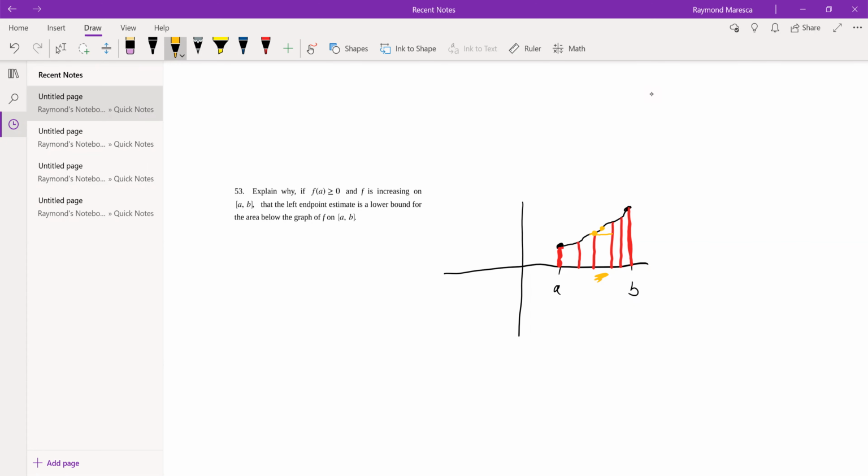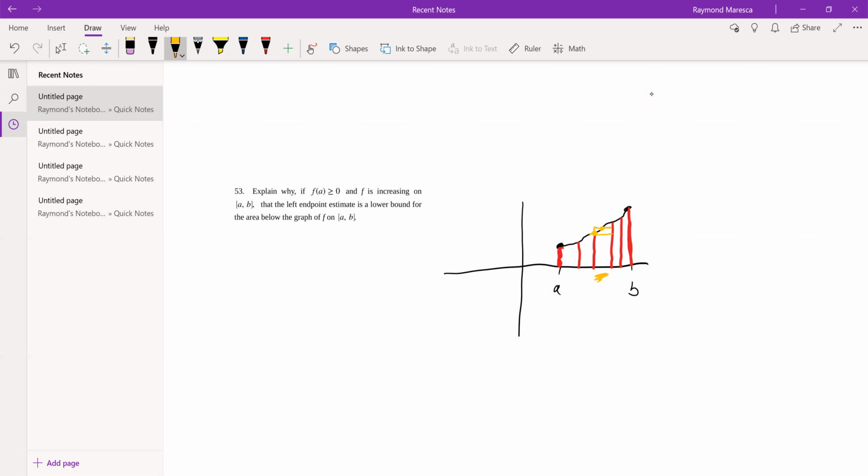And that's because this function f is always going up. It's increasing. So if we pick, for instance, this second yellow point, the height of our rectangle would be a little bit bigger than if we used the left endpoint of the interval. And that, in turn, means that the area of that rectangle would be larger than the area of the rectangle using the left endpoint.